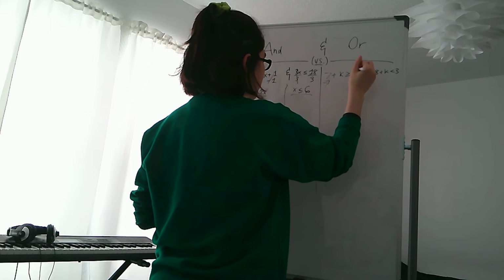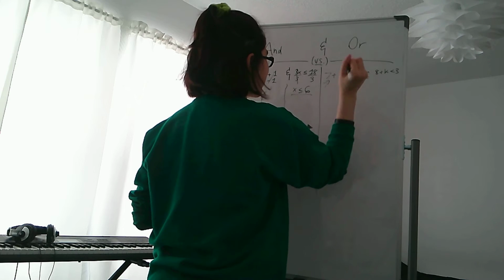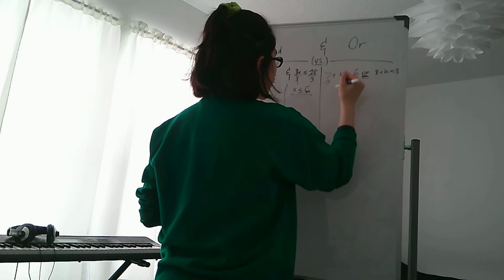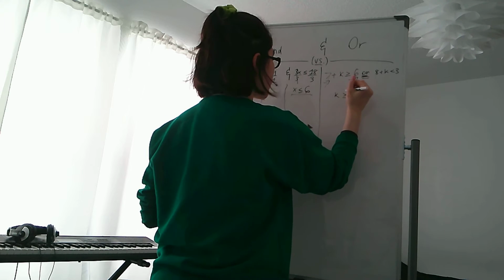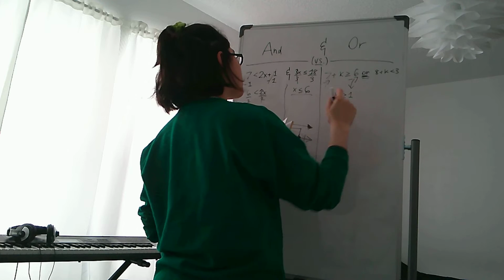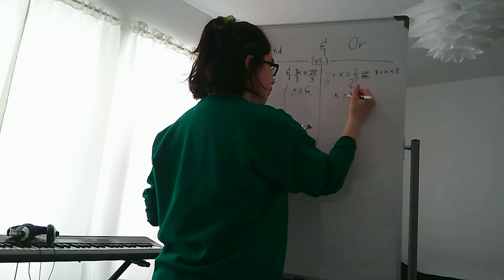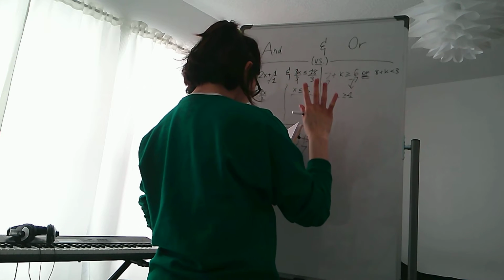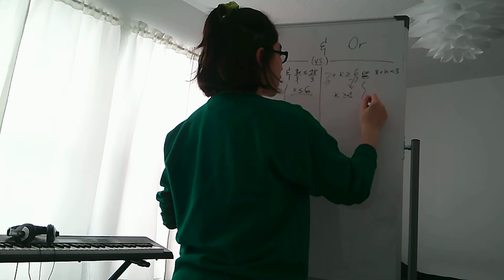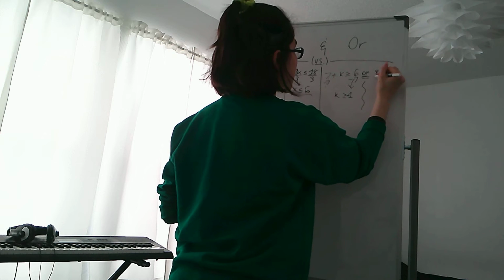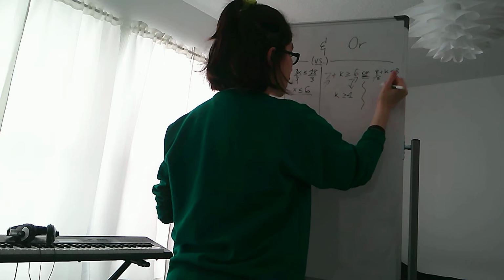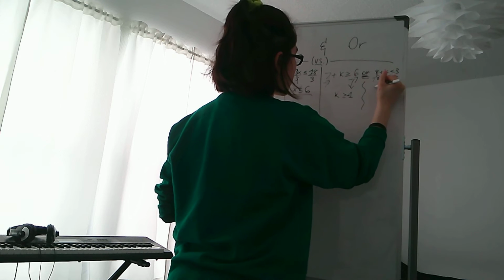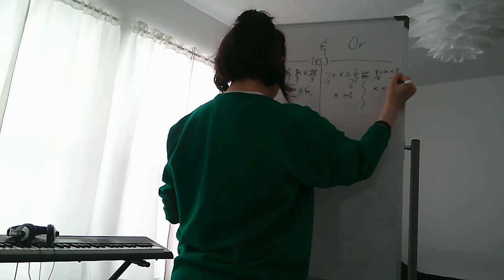So 6 minus 7 is -1. So k is greater than or equal to -1. Now for the inequality over here, we're just going to subtract 8 from both sides. So k is less than -5.